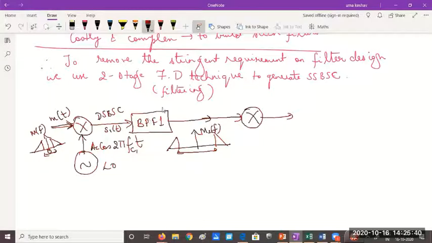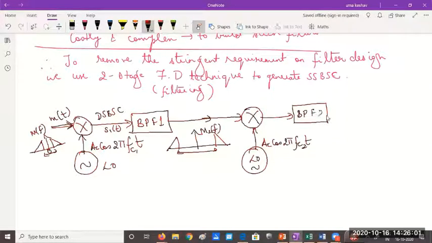So, again, product modulator. This is going to act like message. The local oscillator, another cosine signal, AC cos 2 pi FC2 t, and another band pass filter, BPF2. So this would be the final output signal which you are going to generate.